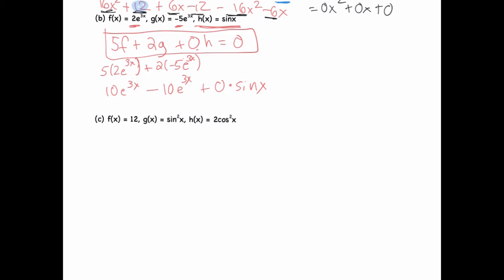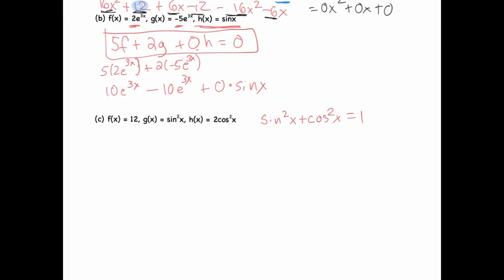All right, for the last one, let's get a little trig going on a Tuesday. Here I have sine squared x, and I have a 2 cosine squared x, and I've got a 12. Well, there is an identity that says that sine squared x plus cosine squared x has to equal 1.